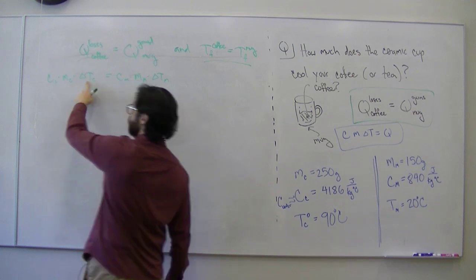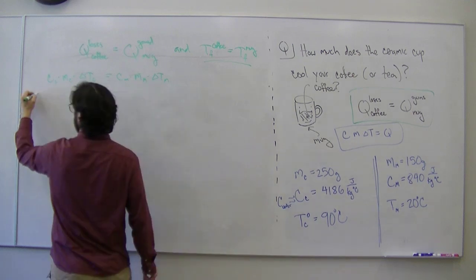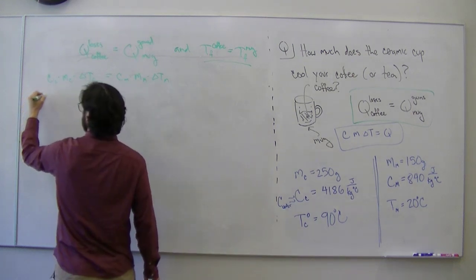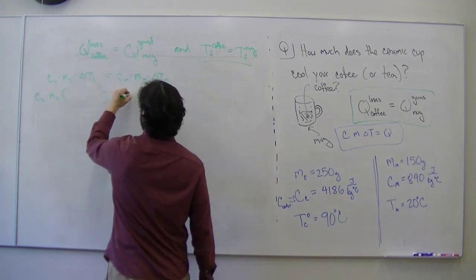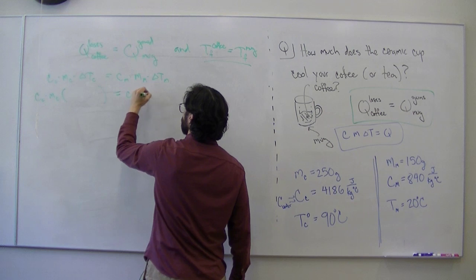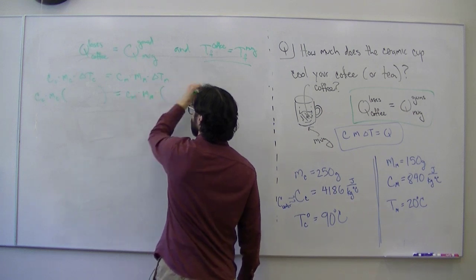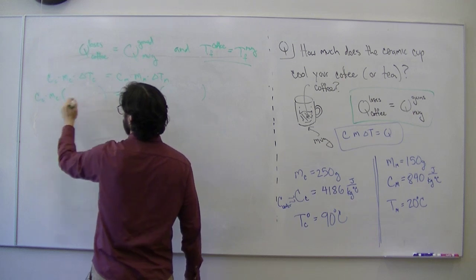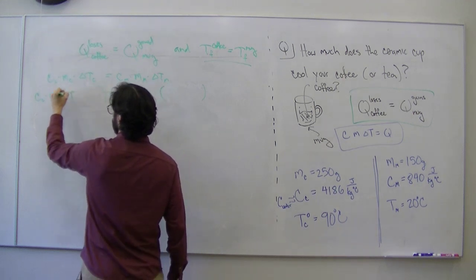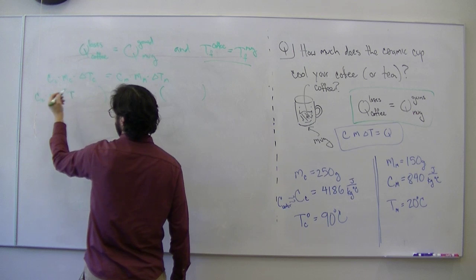And now I can explode these deltas into the initial and final. So I have specific heat of the coffee, mass of the coffee. This is where I might get into trouble with sign. And I'm going to make all the things I need to make positive, positive. So the coffee starts hot and ends cold.